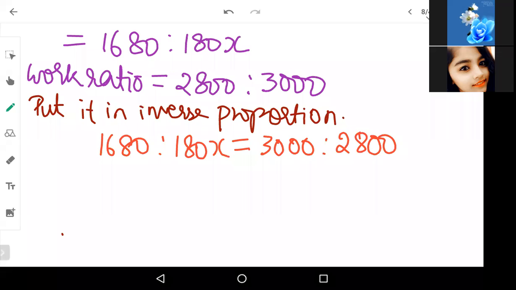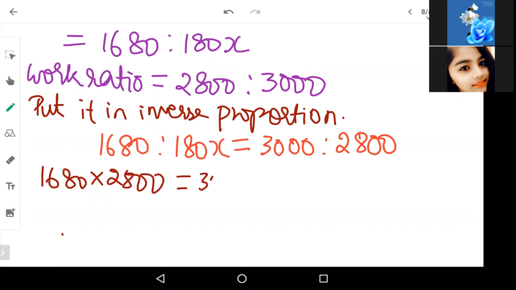Product of extremes is equal to product of means. So the product of extremes will be 1680 into 2800, is equal to 3000 into 180x. So 1680 into 2800, how much do you get here?